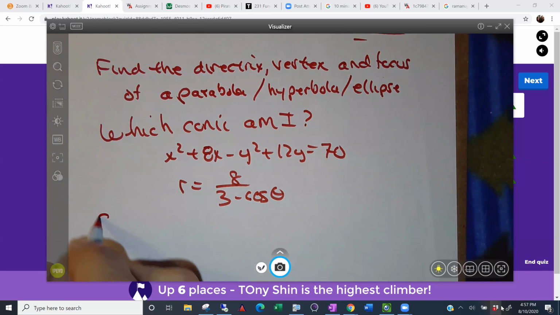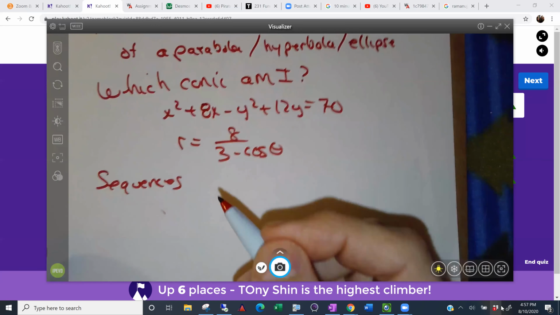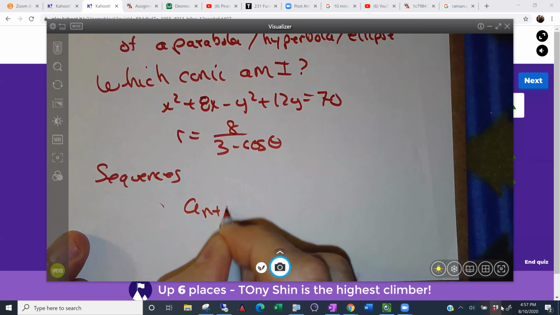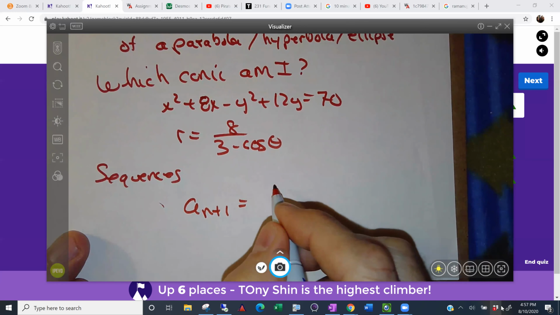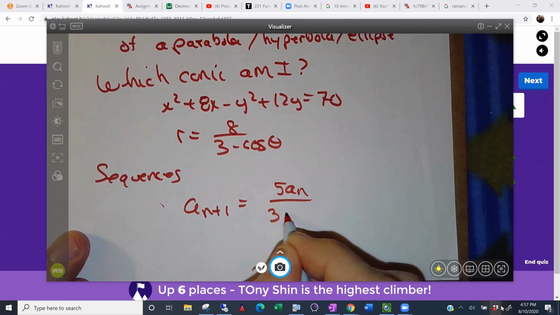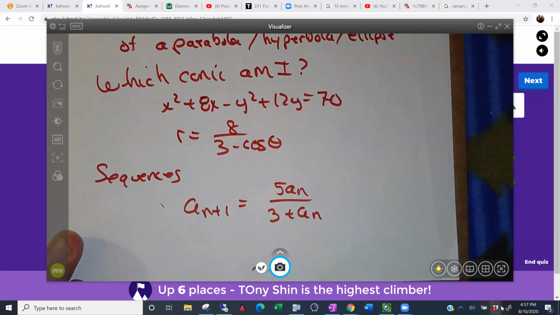Sequences. You should be able to determine sequences. You should be able to write out several terms if they're written sequentially or recursively. A sub n plus 1 equals, let's say, 5a sub n over 3 plus a sub n, something like that. Now that's a recursive sequence.